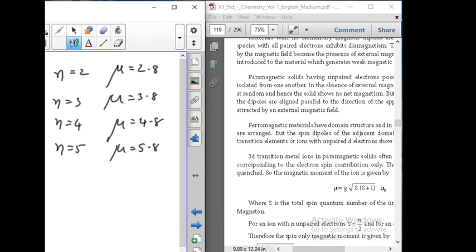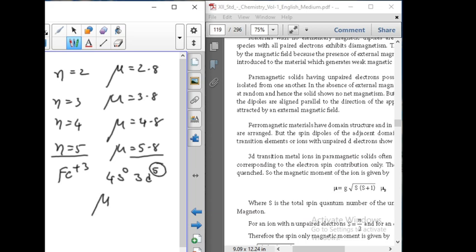Sometimes they will give the magnetic moment and ask how many unpaired electrons are present in that ion. Most familiarly they will ask for the ion plus 3. The ion plus 3 electron configuration is 4s0 3d5, so the number of unpaired electrons is 5.